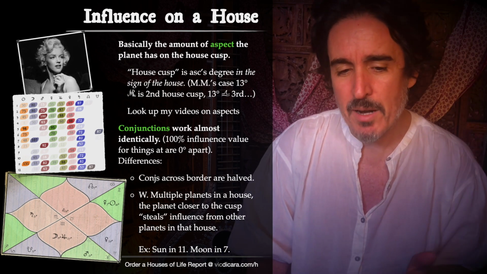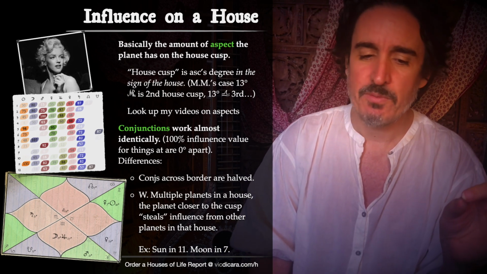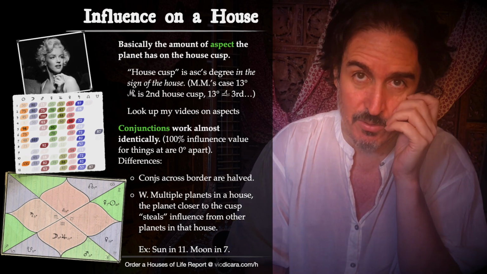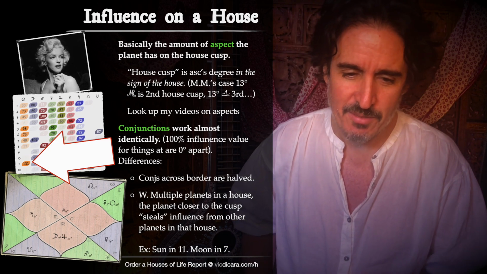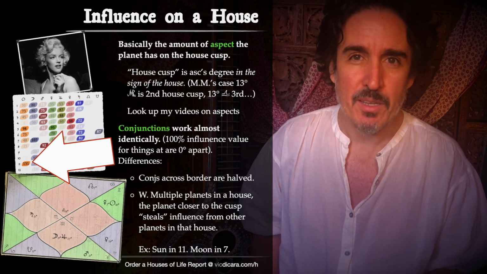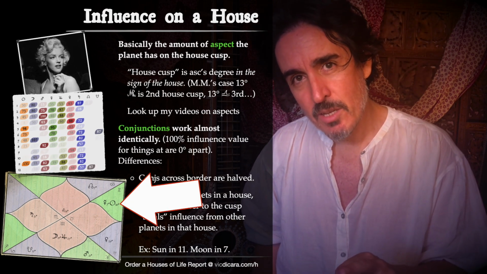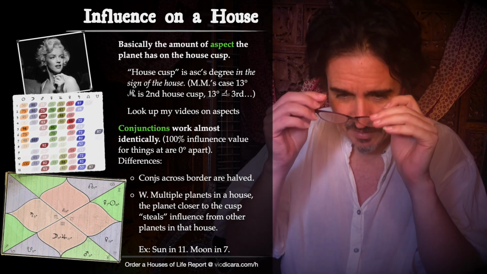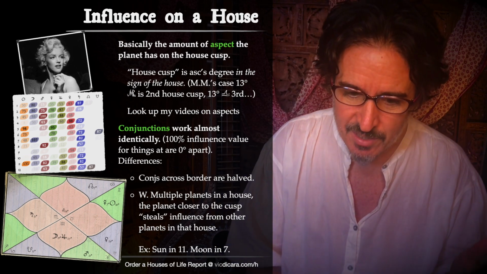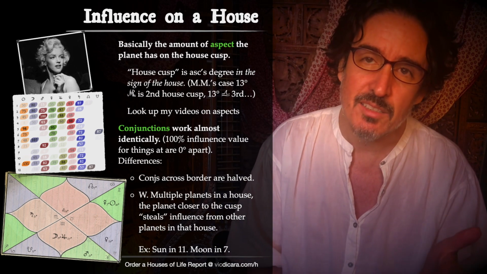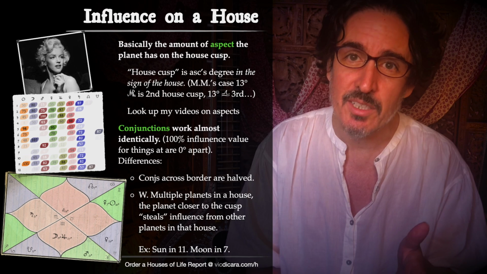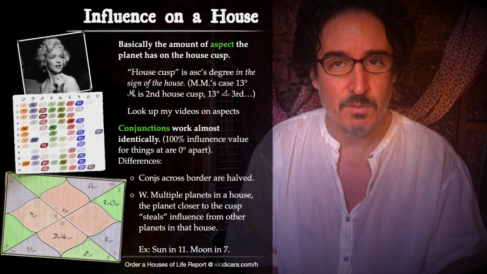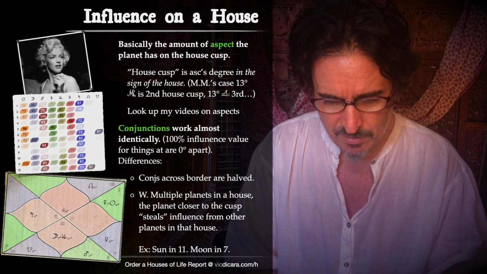So that's why Marilyn Monroe has a huge influence of the sun on her 11th house, for example. 131% influence. How did that happen? It's because it's sharing Gemini with Mercury, but the sun is at 10 degrees and Mercury is at 7 and the cusp is at 13. So the sun is closer to the cusp than Mercury. So the sun is dominating the conjunction on the 11th house, so it's taking some of the potency from Mercury. Mercury's losing some of its potency to the sun.